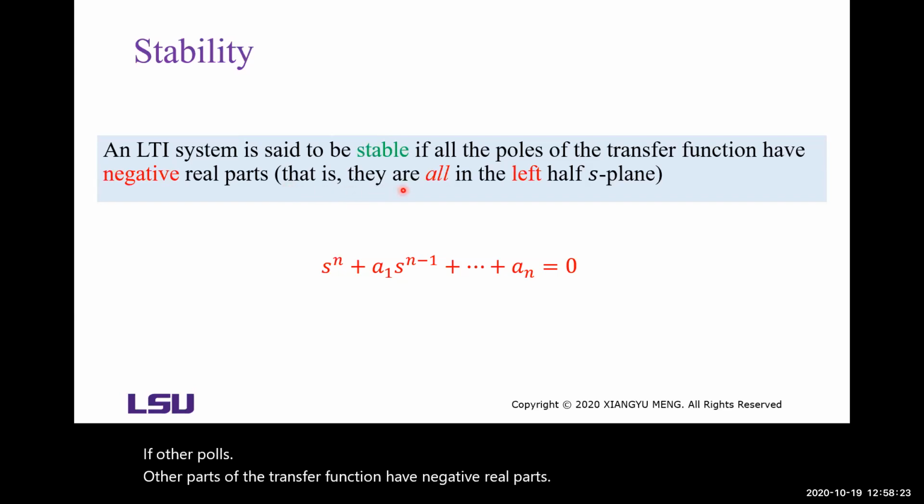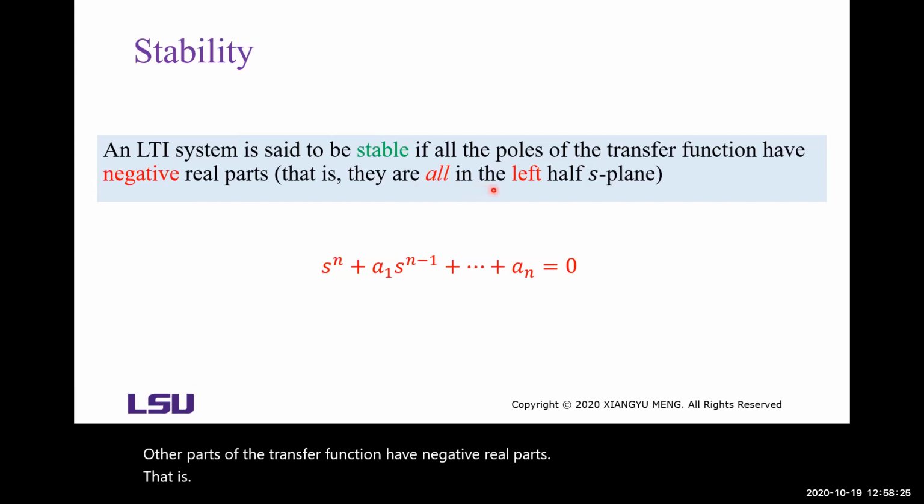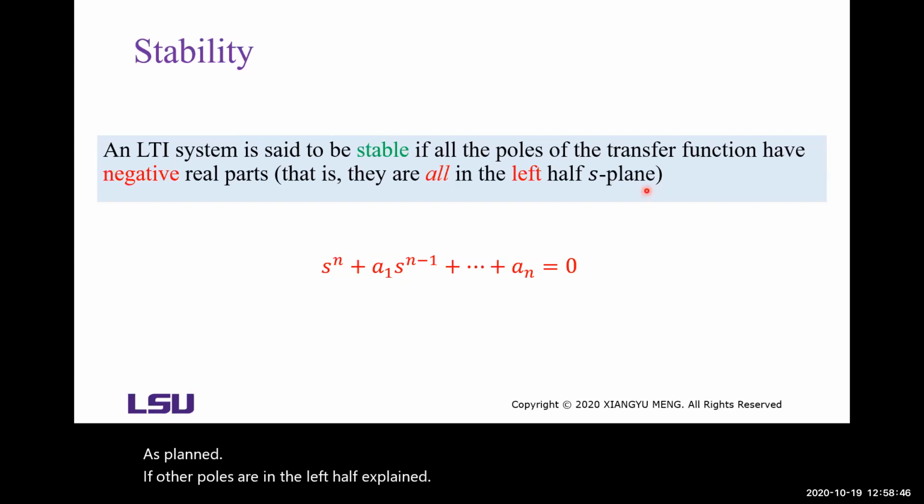That is, all the roots of the denominator polynomial are in the left half S-plane. If all the poles are in the left half S-plane, we call the system stable.